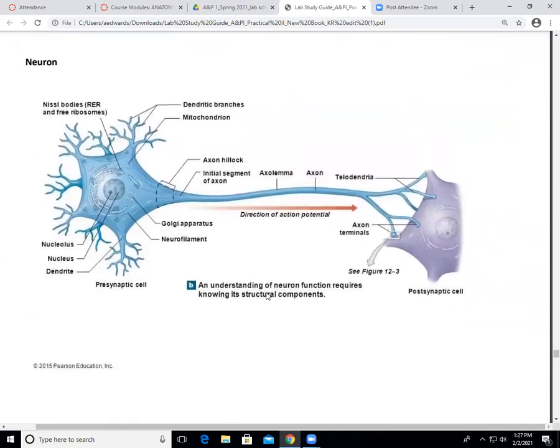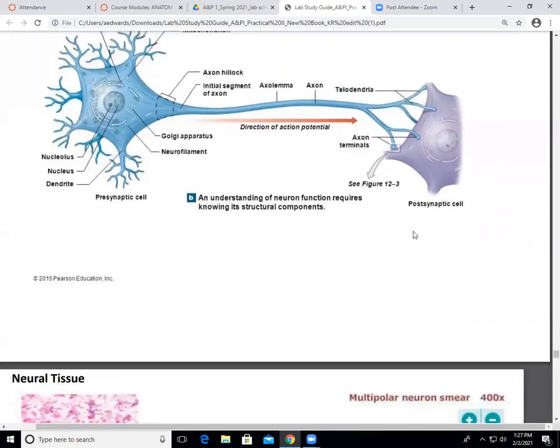But again, this is an axon, and then the branches, we call those telodendria, and then those are the axon or synaptic terminals there. But you definitely want to know about axons, dendrites, the cell body, the telodendria, and the axon or synaptic terminals.